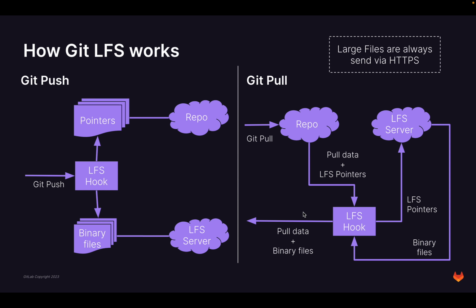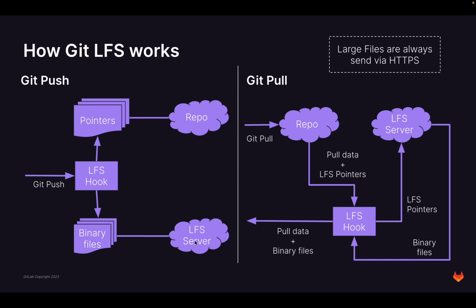But on our GitLab server, there are also these LFS hooks installed in Gitaly. So if you enable Git LFS on your project in GitLab, then these LFS hooks are installed on the Gitaly server. If you push data to Git, these LFS hooks will kick in, store a pointer in your Git repository, which is the Gitaly storage, and move the binary files to a separate LFS server.